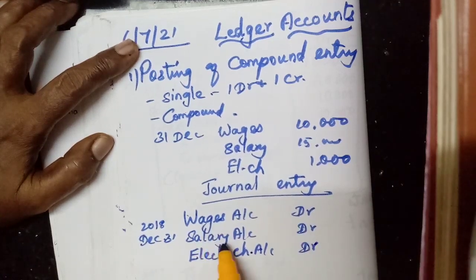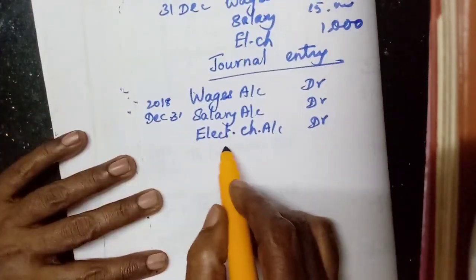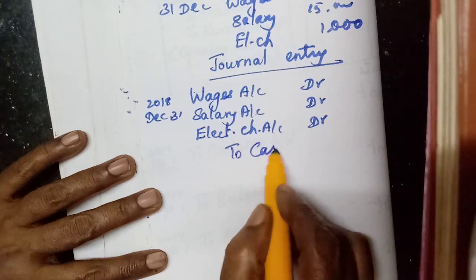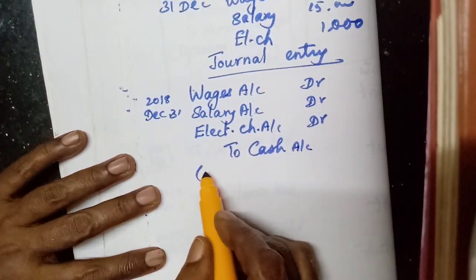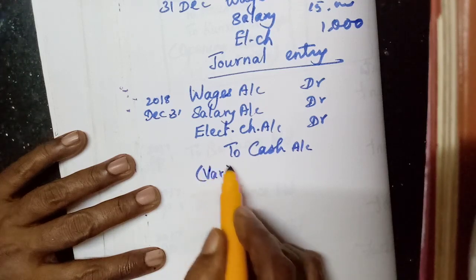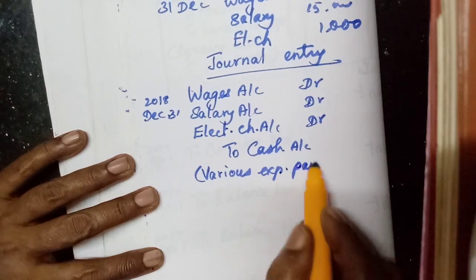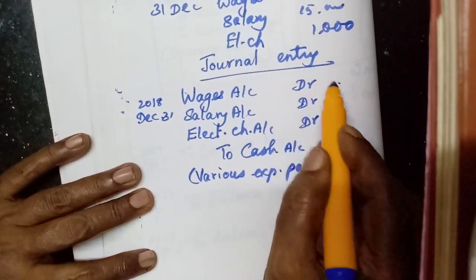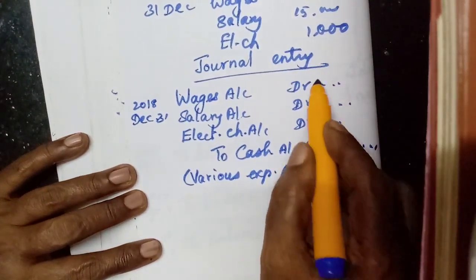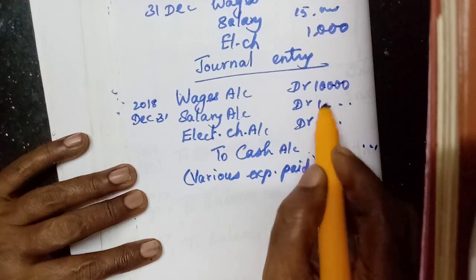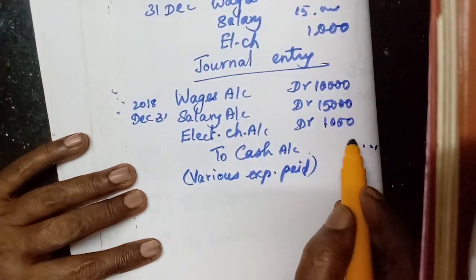All these are expenses we are debiting. Then what is credited? To cash account. We can write various expenses paid. We will write all the amounts here: 10,000, 15,000, 1,000. Then this amount totally we will write here, so 26,000.